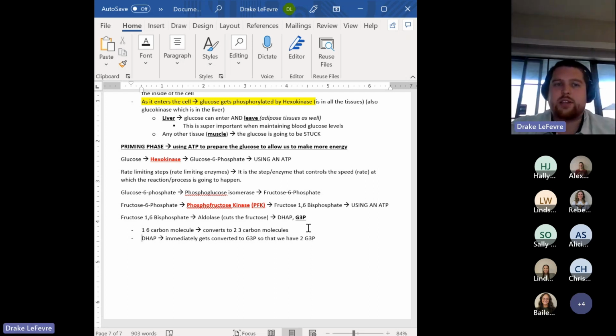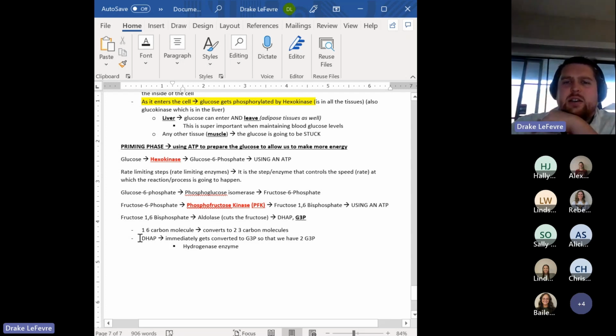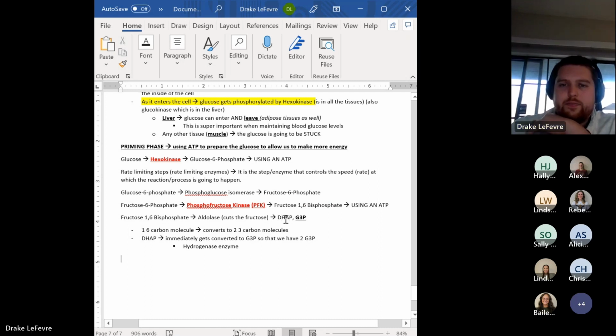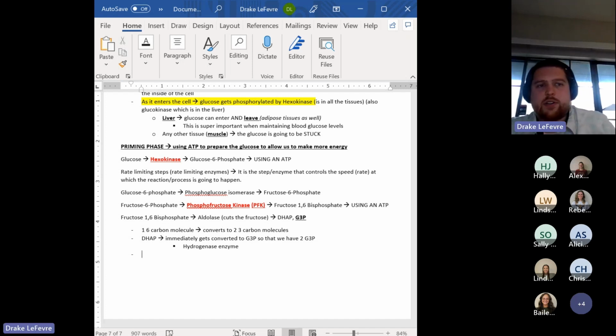We count it as another step, and that is through a hydrogenase enzyme. He doesn't ask a lot of questions typically on this step, but it's really important to understand that we don't immediately go straight to a G3P. We have this extra side step that happens with the DHAP. Any questions or confusion up to this point?